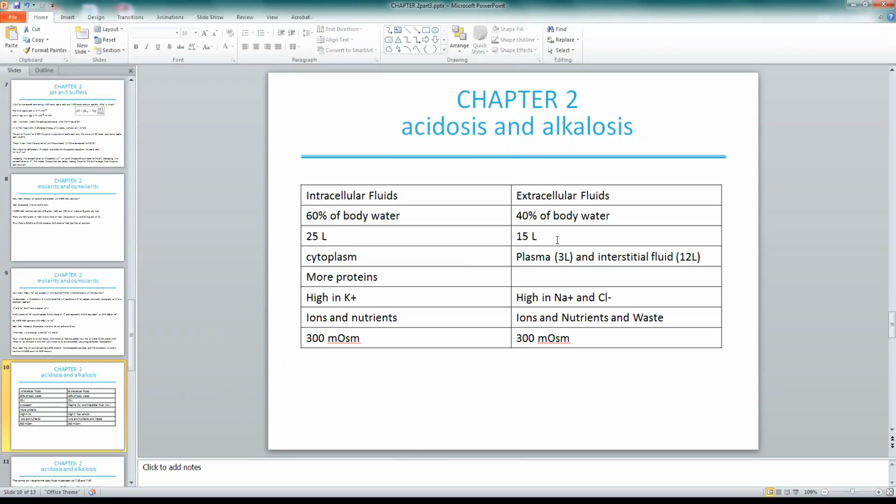So if I had my 40 liters of water, I could do the calculation to figure out how much of that is intracellular versus extracellular. And I could then think about what's found in my intracellular fluids. Well, I've got cytoplasm, and I have some more proteins. I'm going to have a lot of potassium, as well as some ions and nutrients. And oh, by the way, I also have these 300 milliosmoles, or 0.3 osmoles.